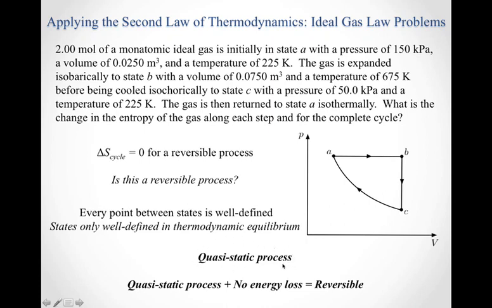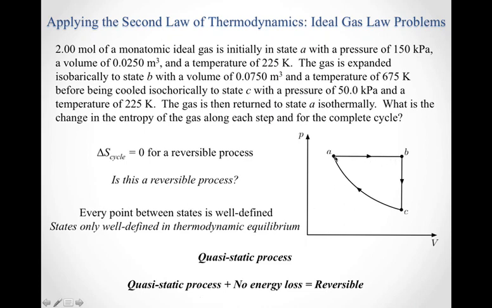The quasi-static process tells us that we're proceeding slowly enough that we can effectively treat our system as in thermodynamic equilibrium even as it's changing from state A to state B. If I have a quasi-static process, that means that I can go back.